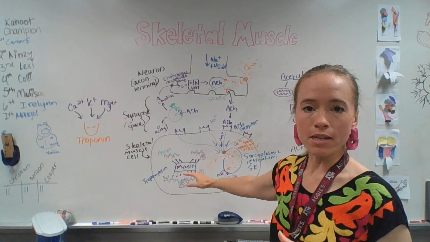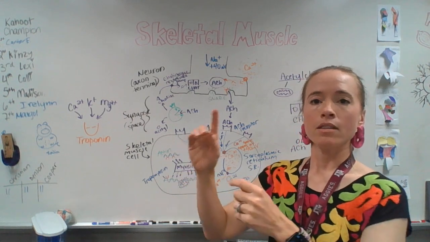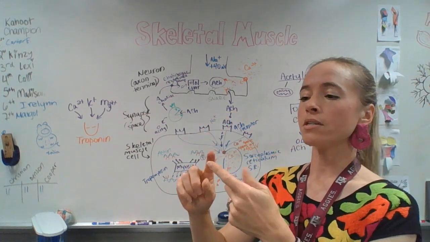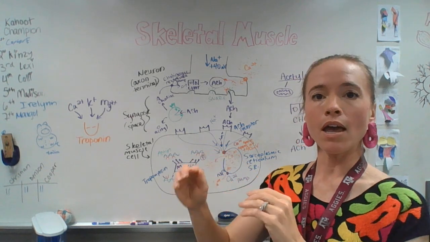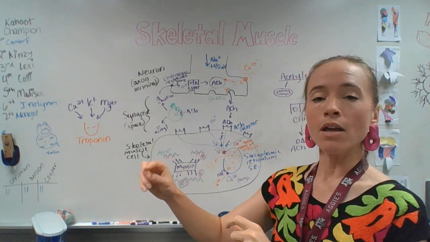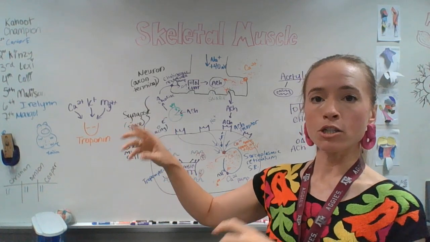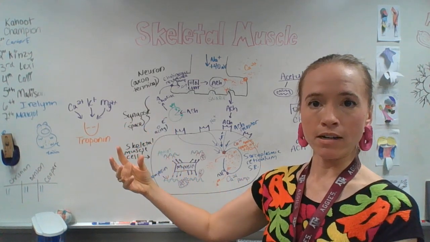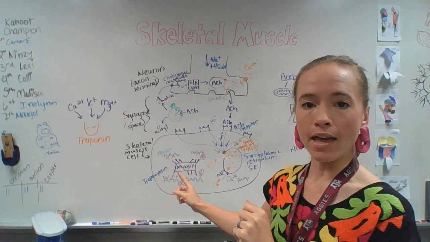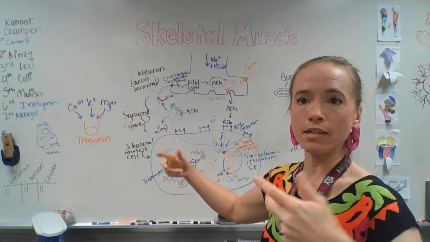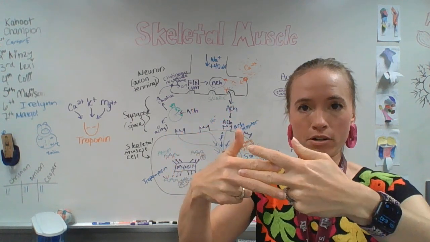So what happens is the order is: the calcium binds to troponin and moves the troponin, which moves the tropomyosin, exposing the actin. The myosin heads bind to the actin and pull it together.